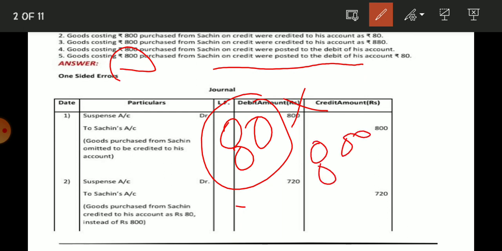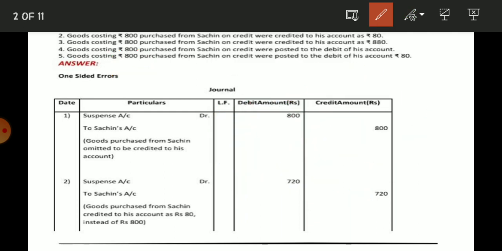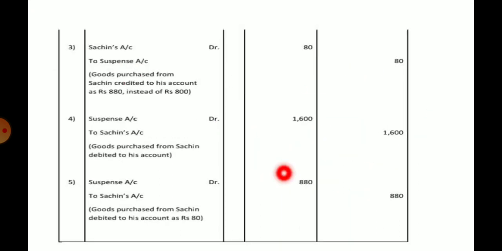So both of these amounts should be credited. Since it is posted in the suspense account, you don't enter the credit two times. It is easy to add these amounts and enter them on the credit side. That's why the last entry is made.